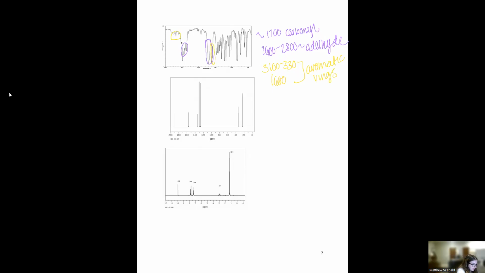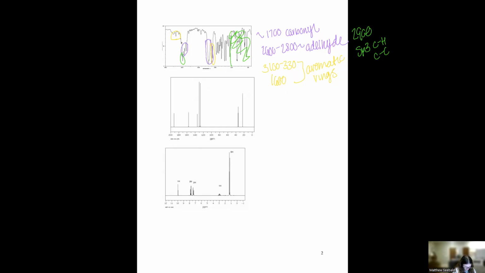Lastly, I would like to point out the peak around 2900, which is consistent with sp3 carbon-hydrogen bonding. The rest of the IR graph, especially from 1000 to 0, can be ignored. Typically, it's just fingerprinting.